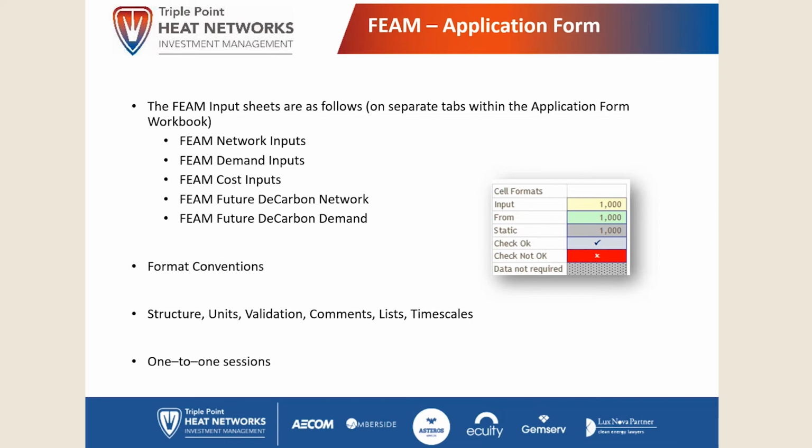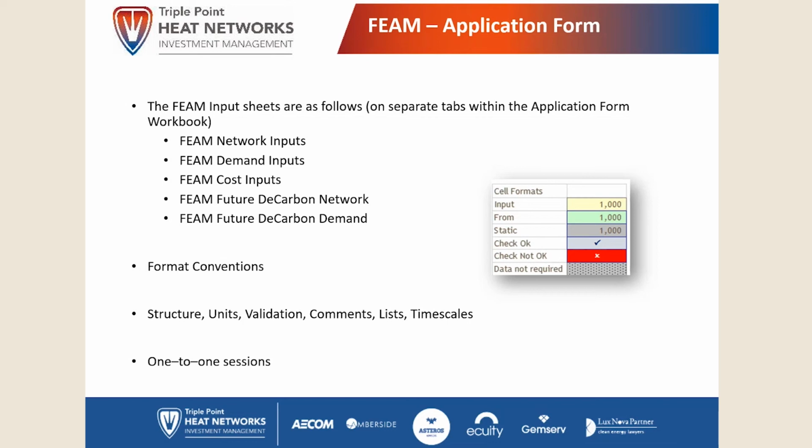The demand input sheet is focused on the buildings and the occupiers, so it asks for profile demand by building and some data about those buildings. The FEAM cost input sheet has a considerable amount of detailed cost data: cost build-up, cost of various items, the capex, the replacement capex, and the operating costs and fuel costs. And then there are 2 specific sheets that calculate this future decarbonisation metric.